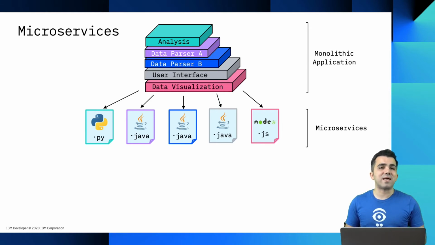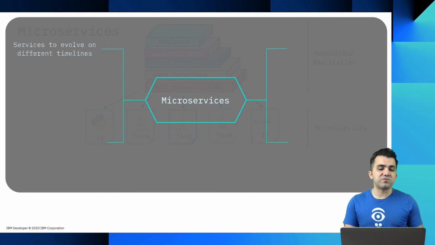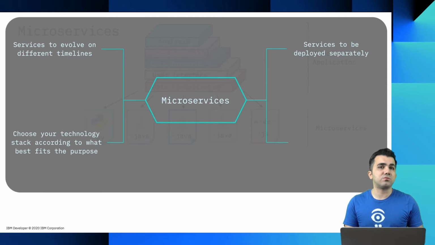Microservices architecture allows different parts of our application to evolve on different timelines. They can be deployed separately, and you can choose your technology stack for each microservice as it best fits the purpose.